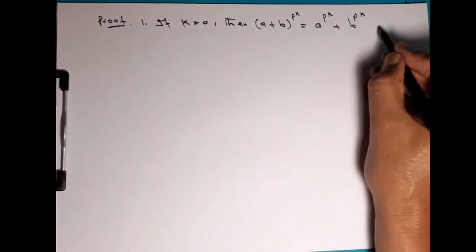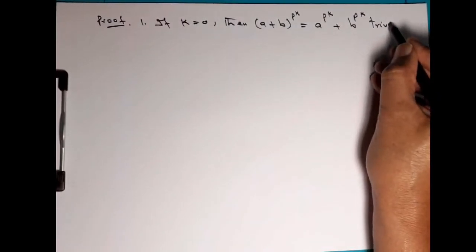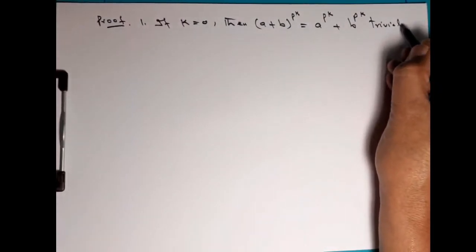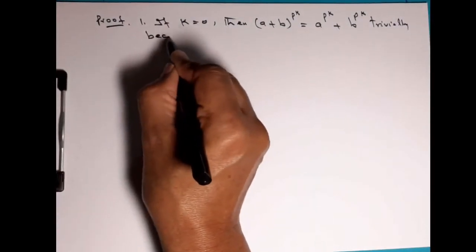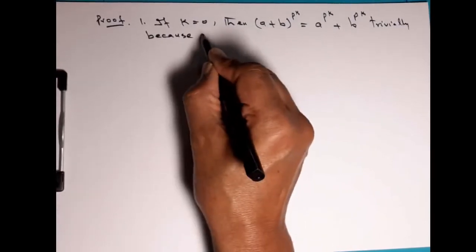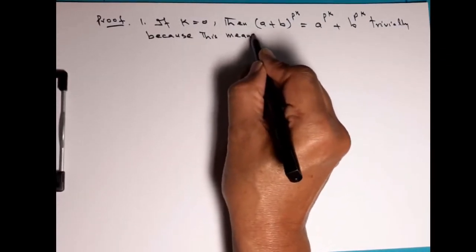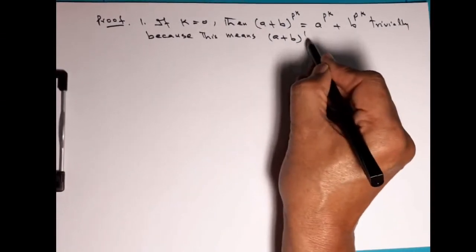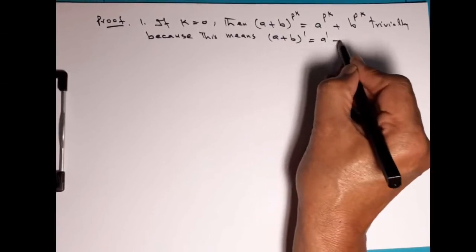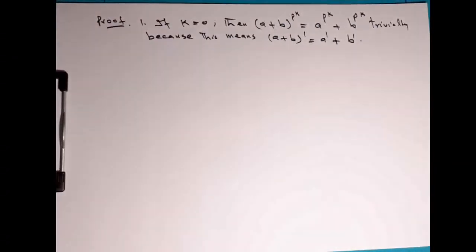These two are equal trivially, because this means a plus b raised to power 1 is equal to a raised to power 1 plus b raised to power 1, which is obviously true. So for k equal to 0, it works.